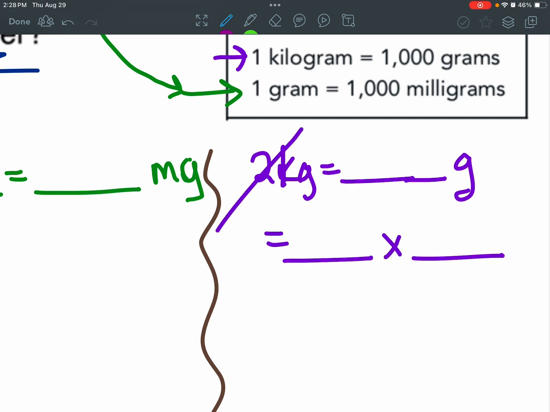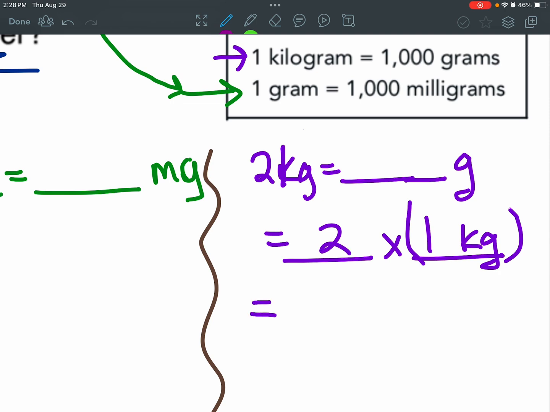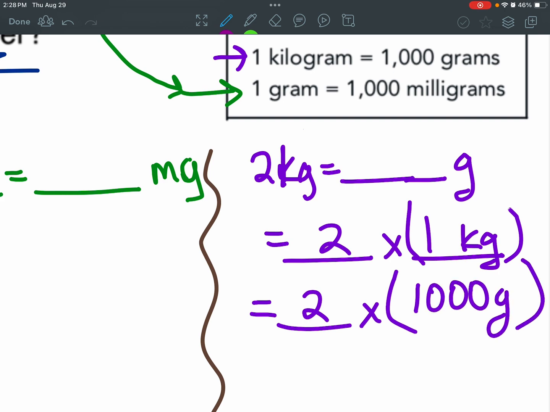We just chippy chop it right in half. So that's going to be 1 kilogram and 2. So there's our 2 factors. Keep the 2 the same. And 1 kilogram, it says, is 1,000 grams. So that would get us 2,000 grams.